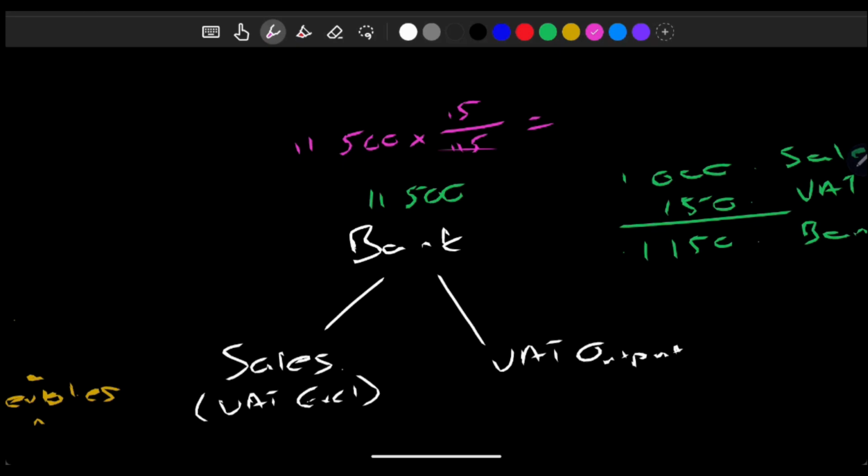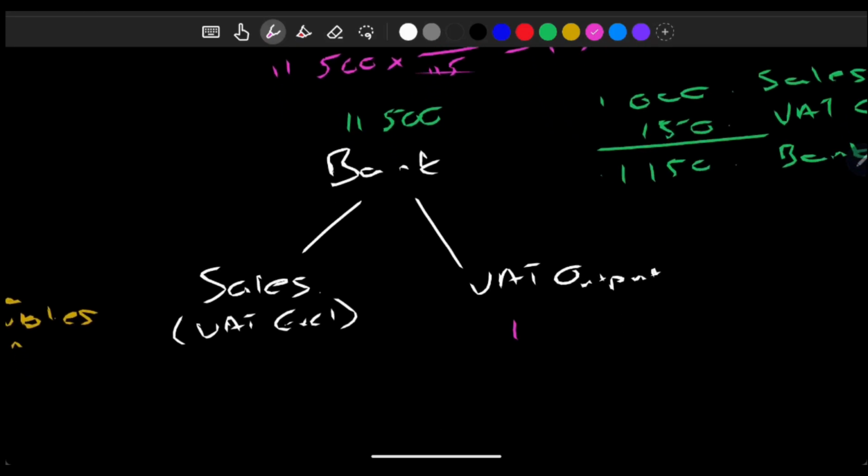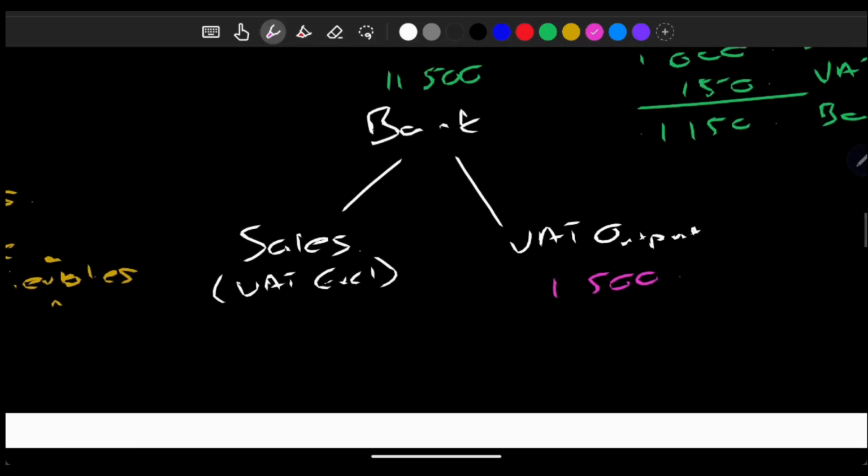So there we have 11,500 multiplied by 15 over 115, and that gives us 1,500, right? 1,500, that is our VAT output. And then for sales, you can simply say 11,500 minus 1,500 equals 10,000.